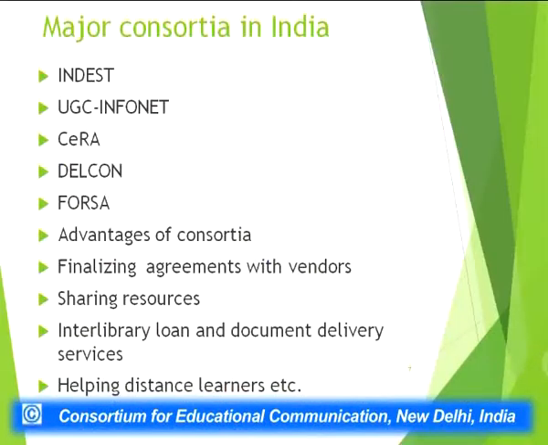And then naturally, with the passage of time, major consortia came up. Consortia, as you know, are groups of libraries that come together to share various information resources or services. These consortia came after 1995 or 2000, and the easy availability of technologies facilitated their formation and functioning.